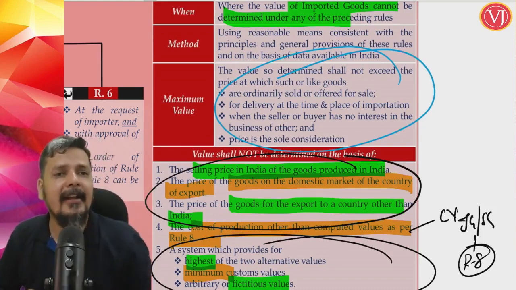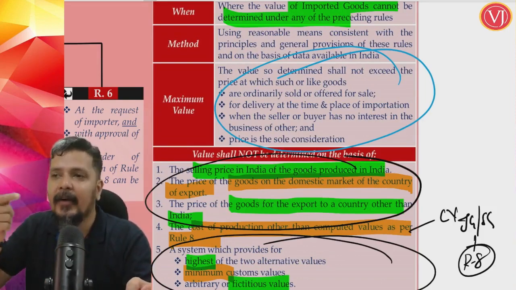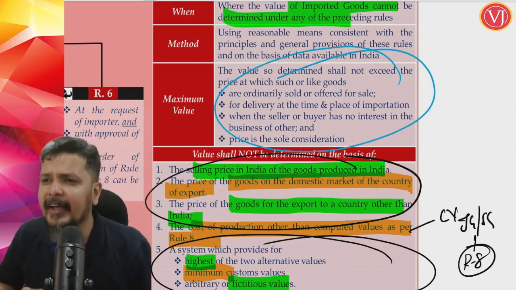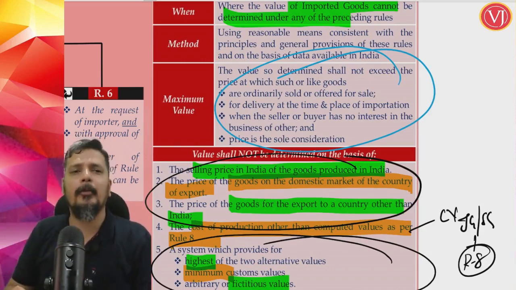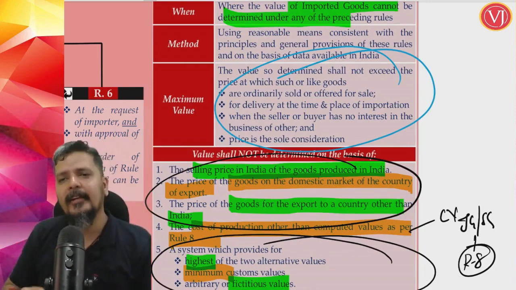Directly you cannot bring under rule 9. Follow the sequence 3, 4, 5, 7, 8, 9. If you have tried all the rules and then come to rule 9, for second hand machinery importation you can apply depreciated value method.